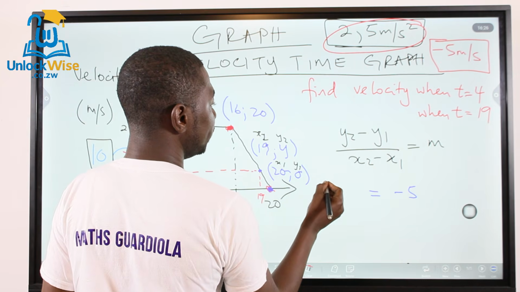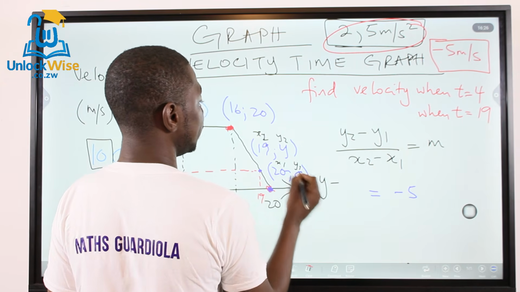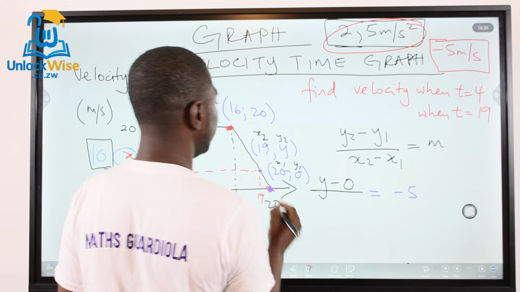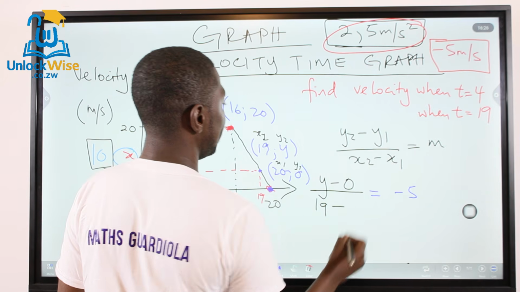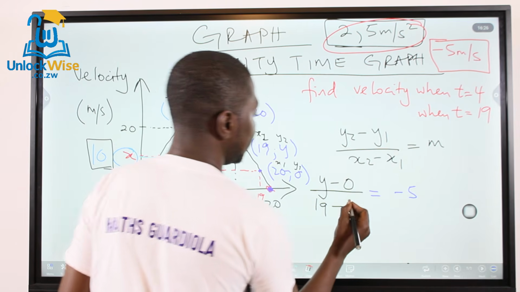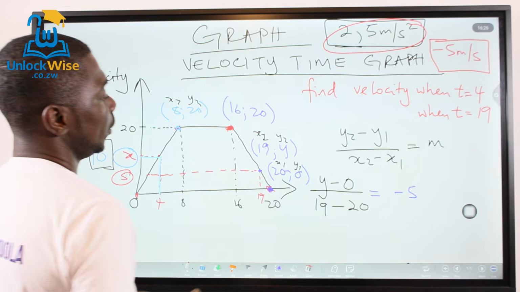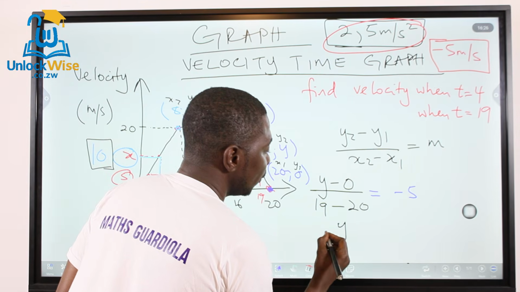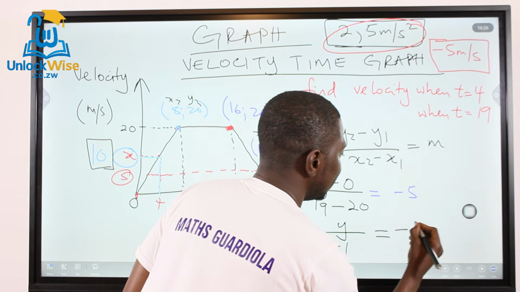So y minus 0 over 19 minus 20 will give me y over minus 1, which is equal to minus 5.